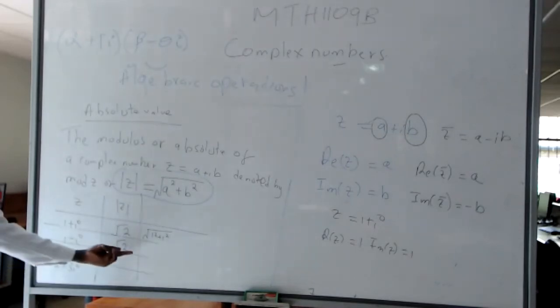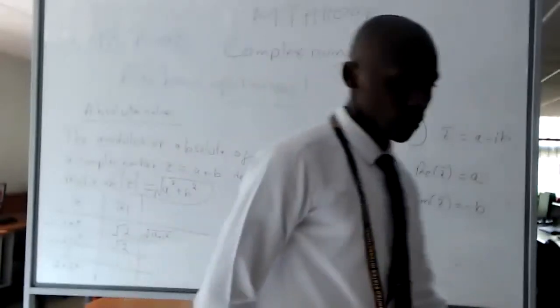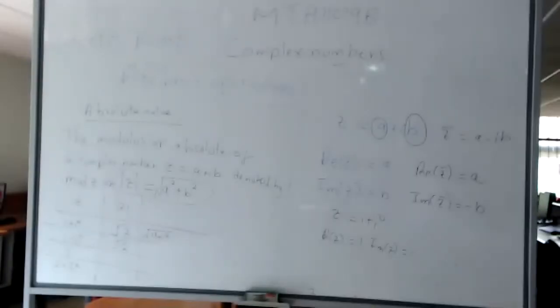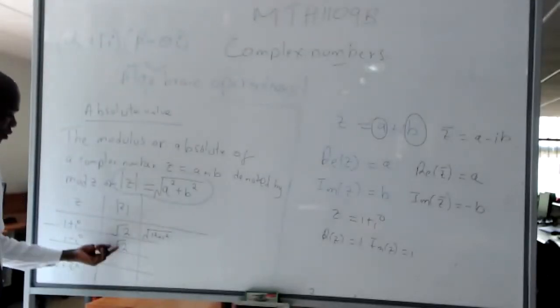So how did you get square root of 2? Someone want to explain? Square root of 1 squared plus minus 1 squared. Good. So it still gives you 1 plus 1, which is 2, square root of 2.